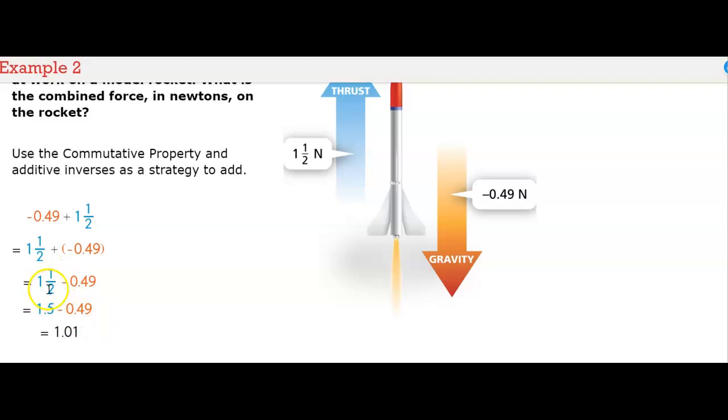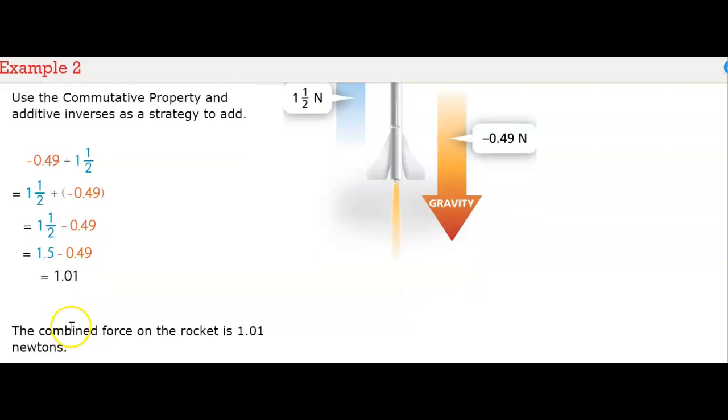They changed the mixed number to a decimal because half is like 50 cents of a dollar, right? So we have 1 and 5/10, and then subtract 49 hundredths, and you get 1 and 1/100 newtons. So the combined force of these two is 1 and 1/100 newtons.